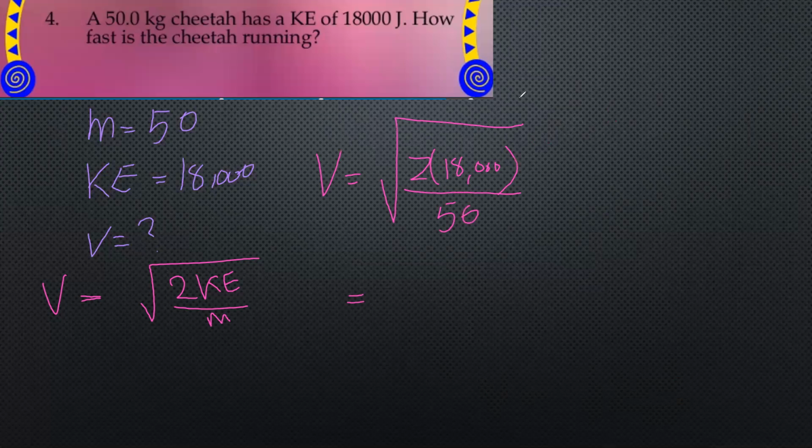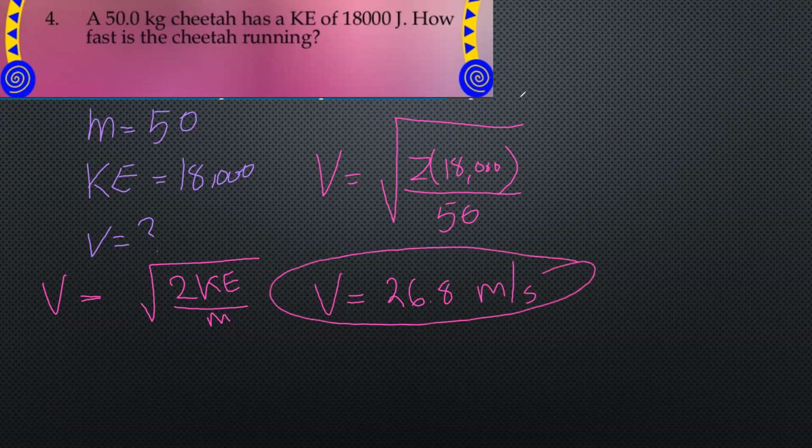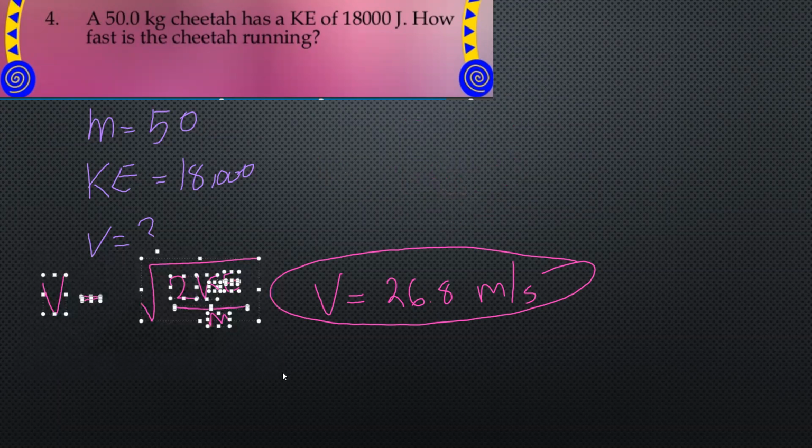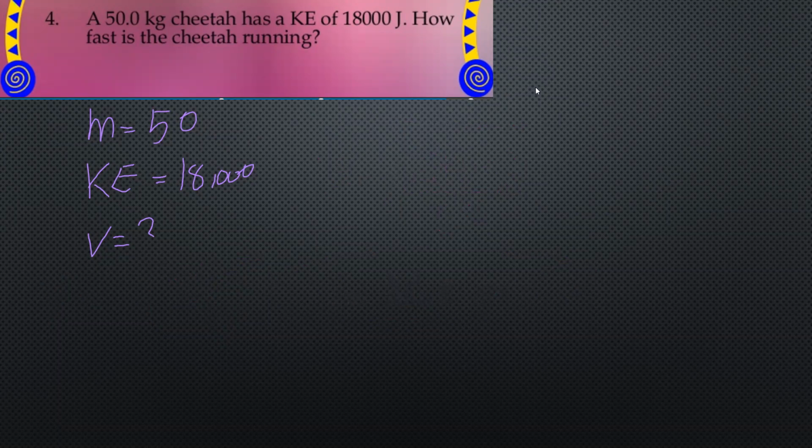So 36,000 over 50 is 720. The square root of the answer will be 26.8 meters per second. This is the velocity. This is if you use the formula 2KE over the mass under the square root. Now, if I don't want to memorize more formulas, I can solve it as half mv squared. I will show you now how you get the same answer.